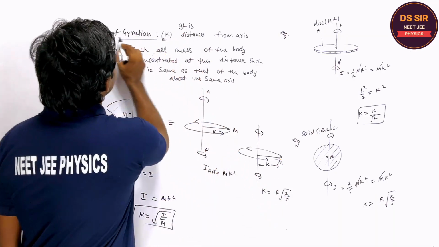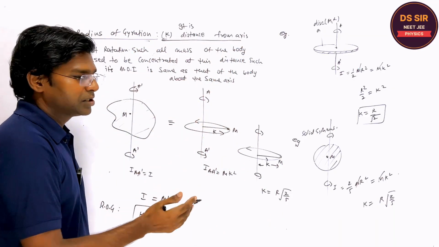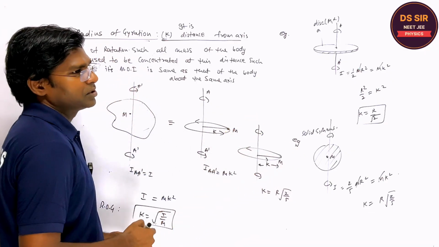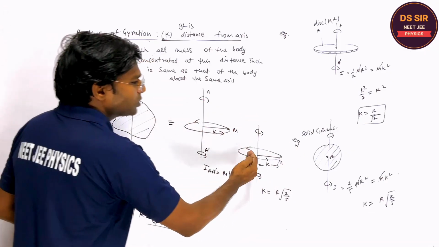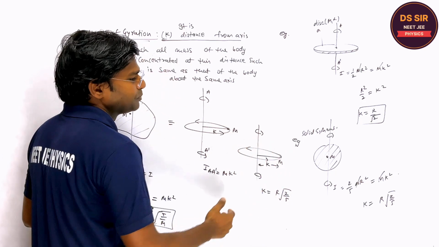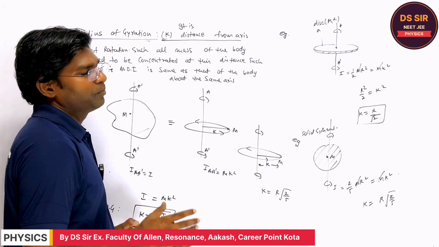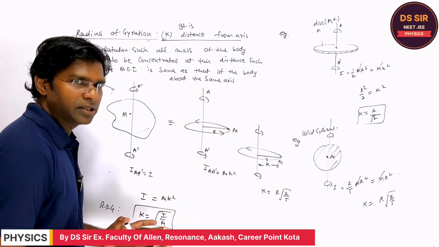So the radius of gyration is nothing but the distance from the axis of rotation such that all the mass of the body is supposed to be concentrated at this point, such that the moment of inertia is the same as that produced by the body. Do you understand?